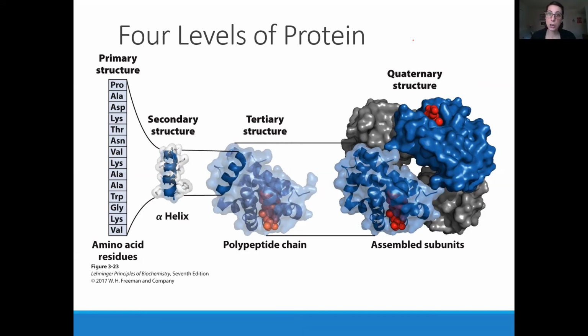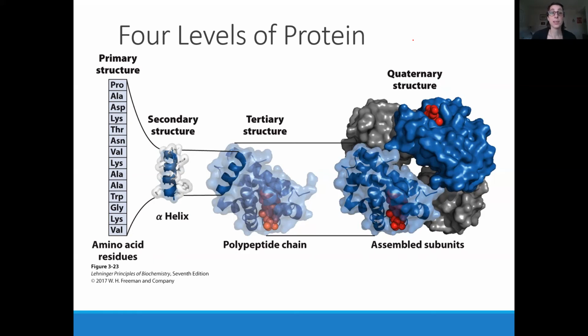When we look at a code of amino acids and the sequence that the amino acids are linked together for a protein, we call that its primary structure. It doesn't tell us anything about how it is three-dimensionally shaped, but it gives us information on that particular protein. So the primary structure we define as just the sequence of amino acids that make up that protein.